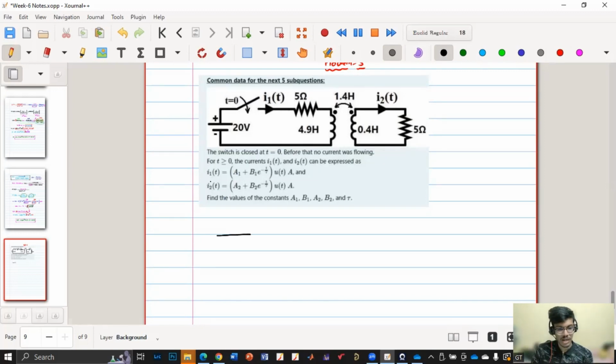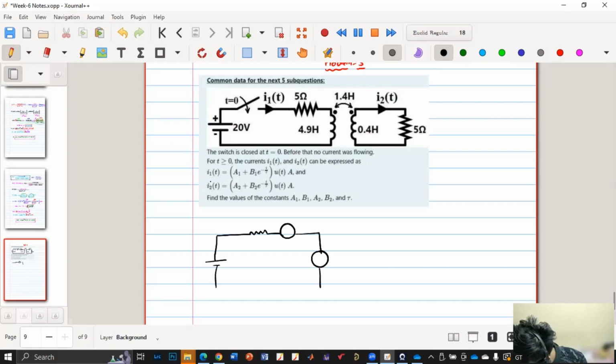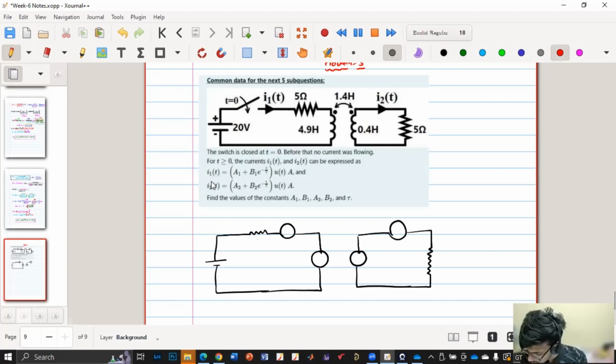We have a resistor as well as inductor. First is the resistor, which is quite simple, followed by one voltage source for the self-inductance, mutual inductance, and input. So this is for this coil. Here also we have self, mutual, followed by resistance.